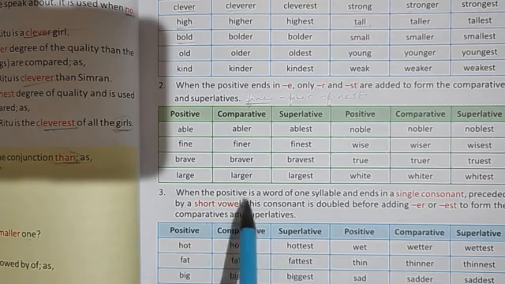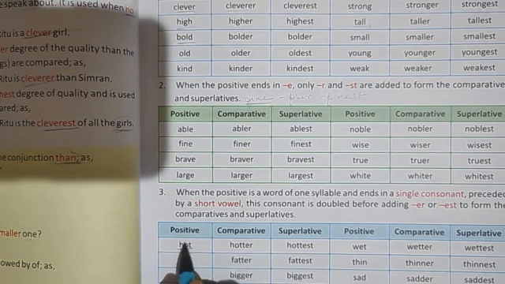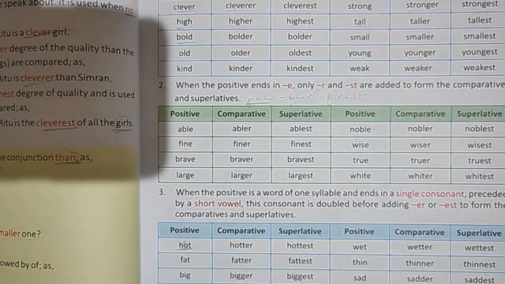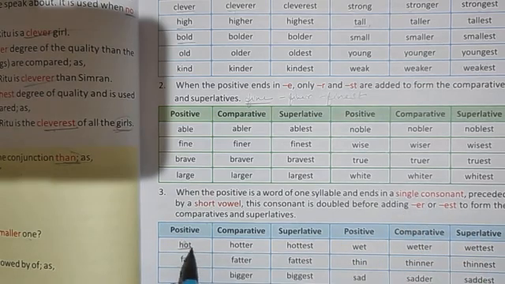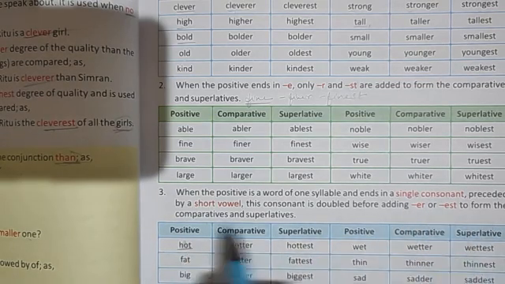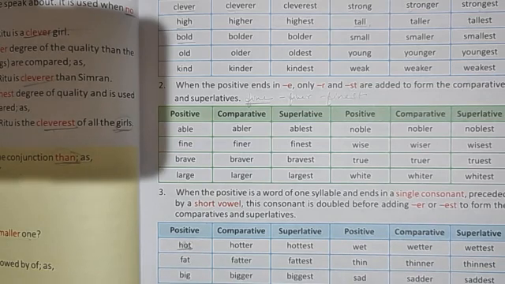Means when the positive is a word of 1 syllable, 1 sound, and ends with a single consonant, like hot, 1 syllable, 1 single vowel, and it ends with a single consonant, T, preceded by a short vowel, then the consonant will be doubled and er, est will be added.